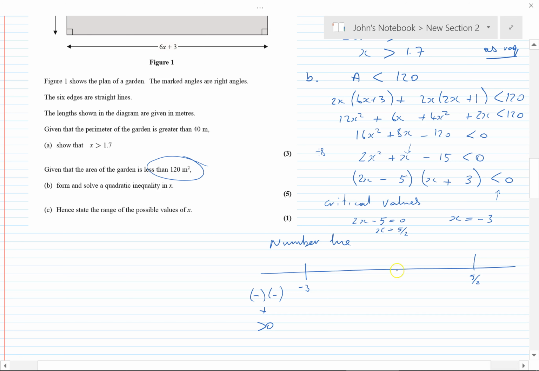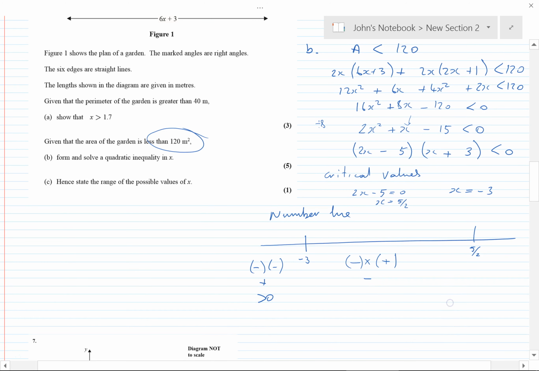If we're between minus 3 and 5 over 2, for example 0, then we'll find the first one is negative, but the second one is positive. So we've got negative times positive, which makes that negative. In other words, less than 0.